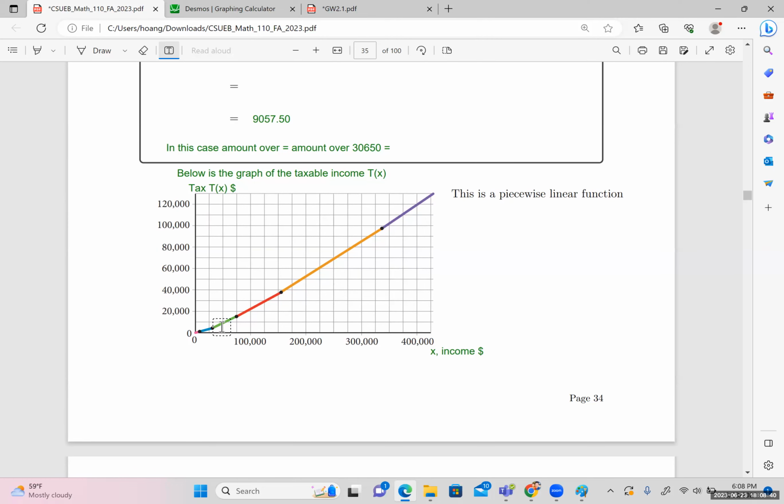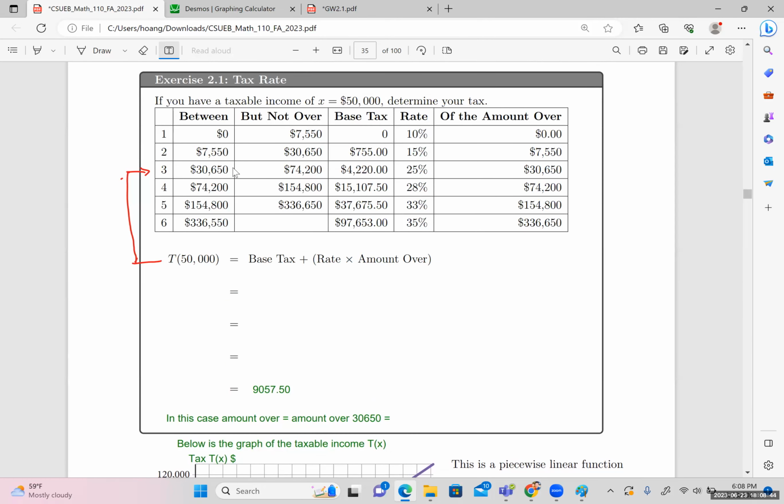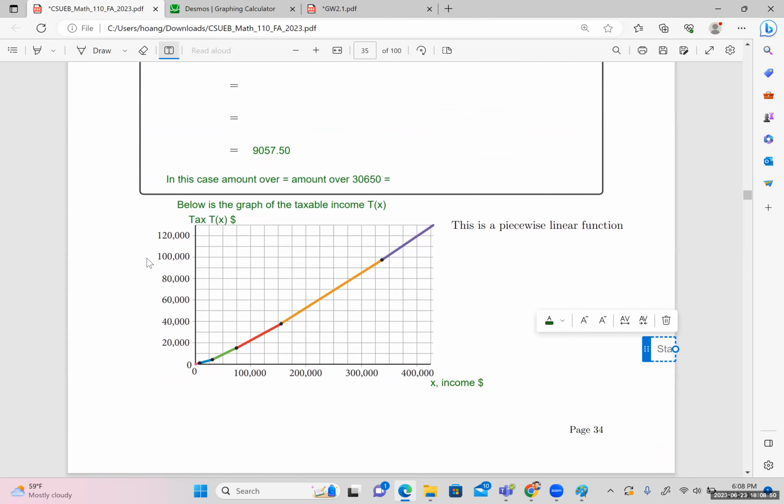Keep going, level number 3 is 30,650 to 74,200. So they connect to each other, as you see here.